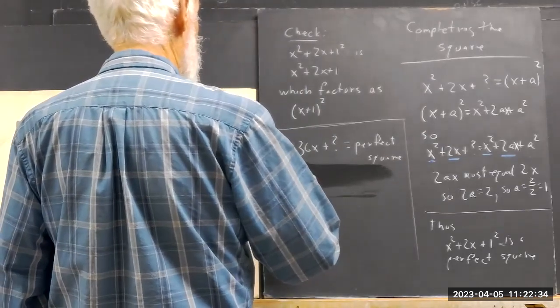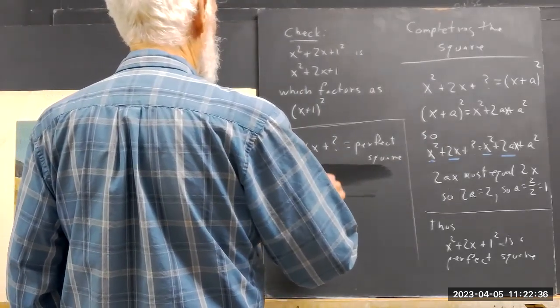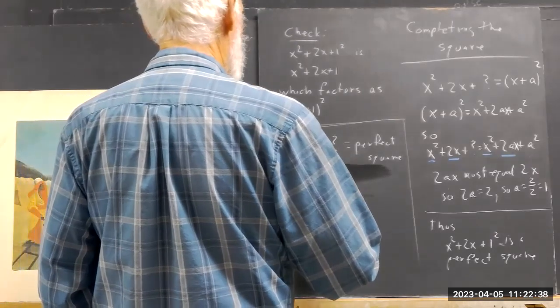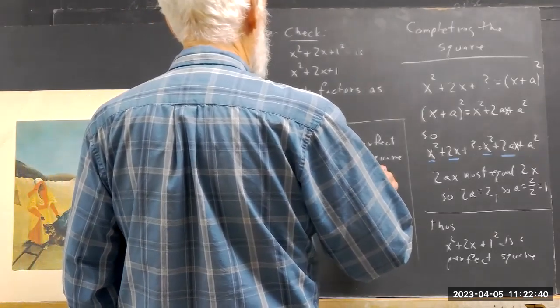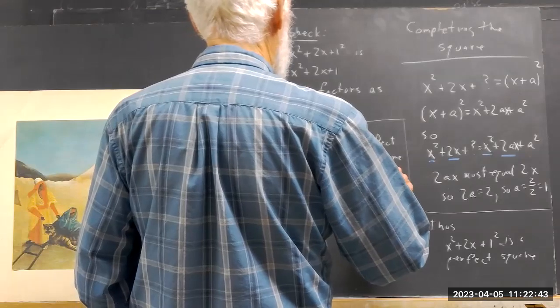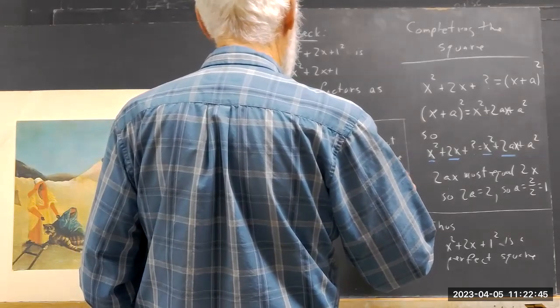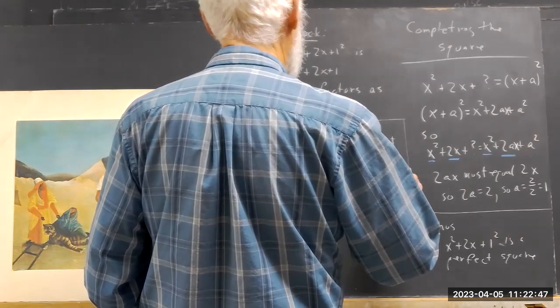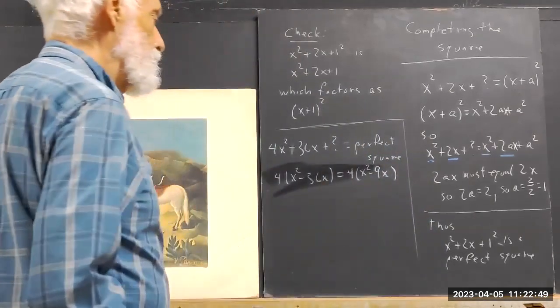Okay, so we did 4 times x squared minus 36x, which equals 4 times x squared minus 9x.